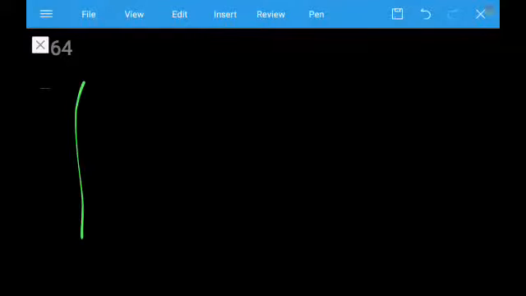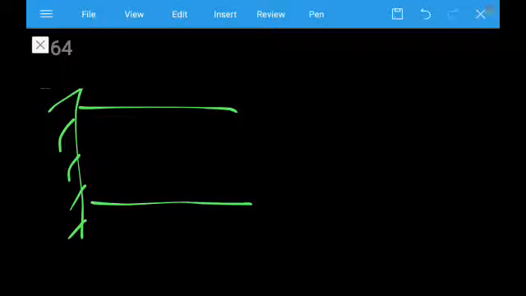Now for parallel connection, what does this mean?